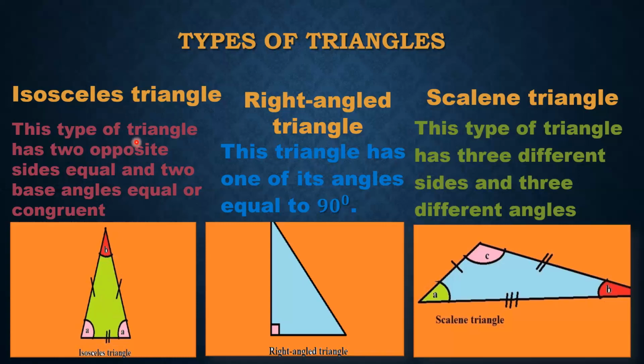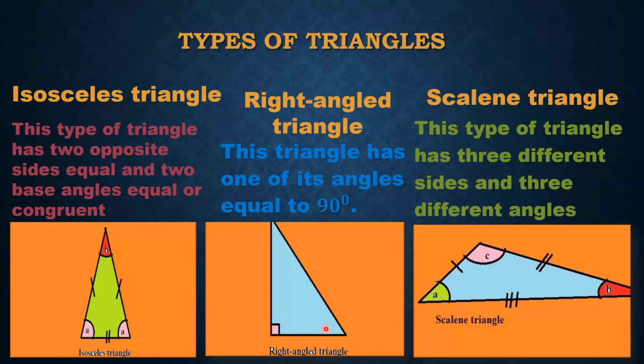That is the isosceles triangle. When you talk about the right angle triangle, this triangle has one of its angles equal to a right angle, or 90 degrees. When you say right angle, it means 90 degrees. And this is a symbol that we normally use to represent 90 degrees.